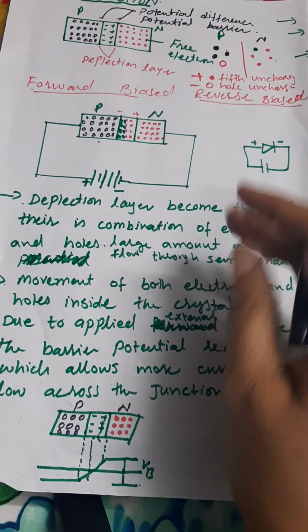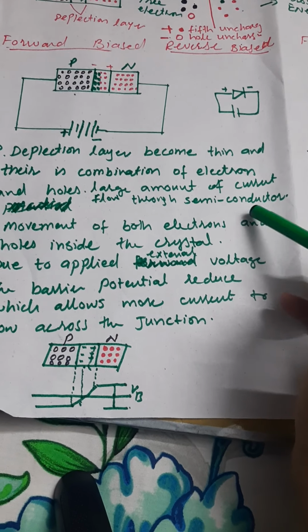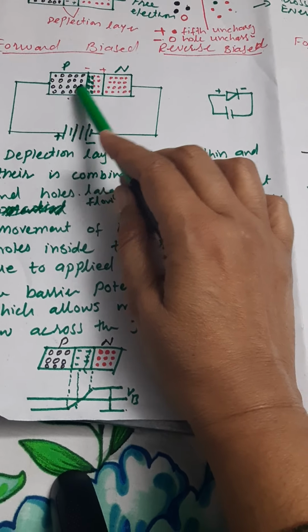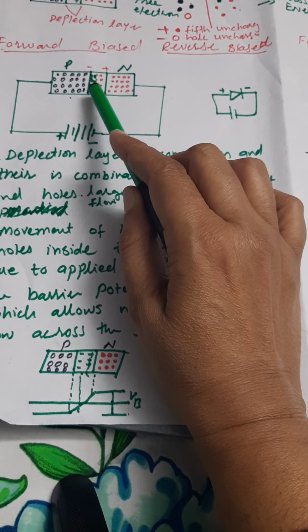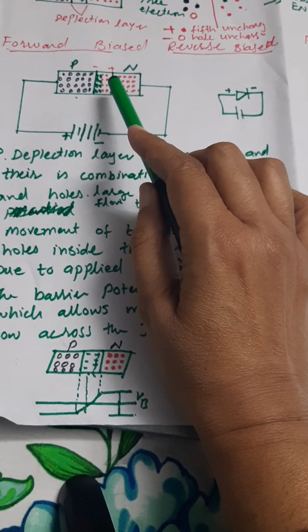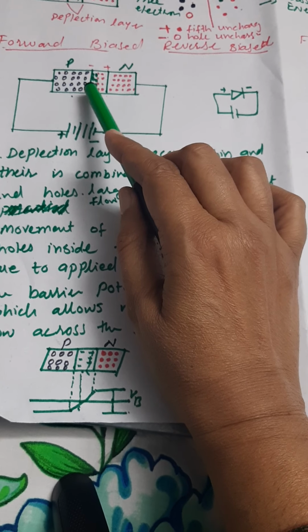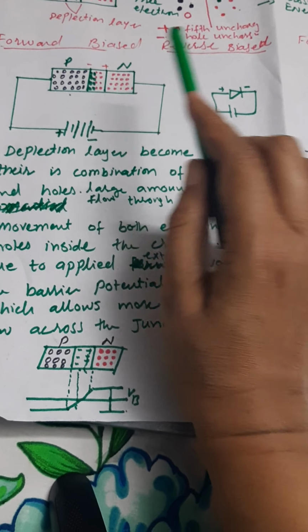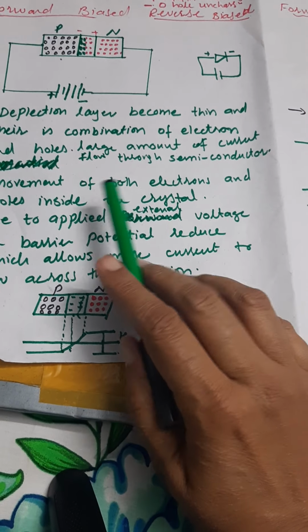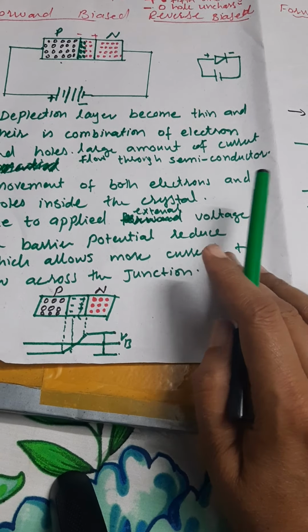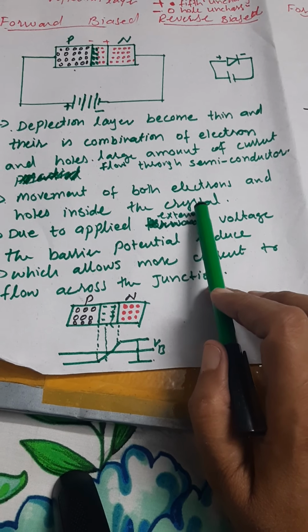These electrons and holes recombine, and a large amount of current will flow. The depletion region becomes thin due to the combination of holes and electrons, and a large amount of current flows through the semiconductor, with movement of both electrons and holes inside the crystal.